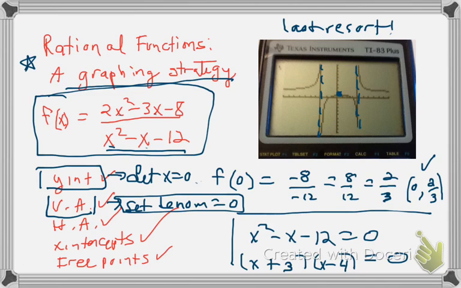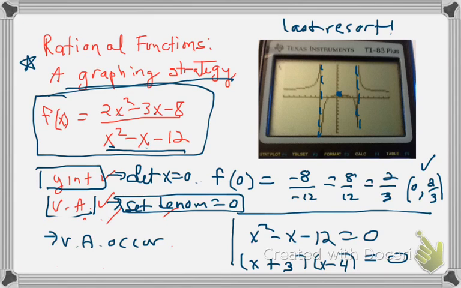So I'm going to temporarily erase this part here. So now we know that the vertical asymptotes occur at x equals negative 3 and 4. And that matches very nicely with our graph, as we see here.